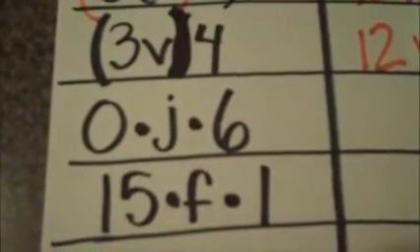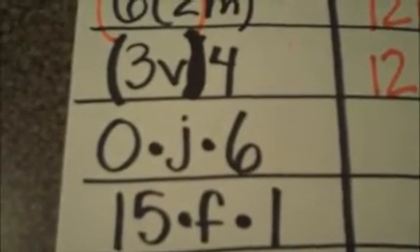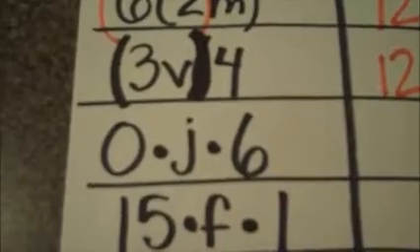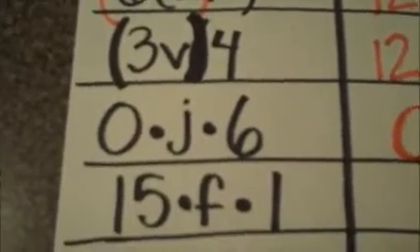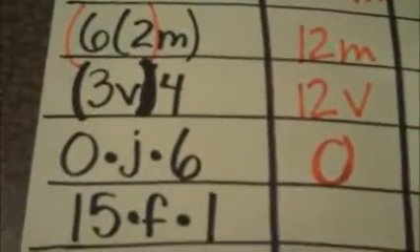So 12v would be commutative. 0 times j times 6. You could say commutative, so you could do 0 times 6, which is 0, and then 0 times j, which is 0. But any way you do it, you're going to end up with 0 as your answer, and the 0 property is what it is that says anything times 0 is 0.